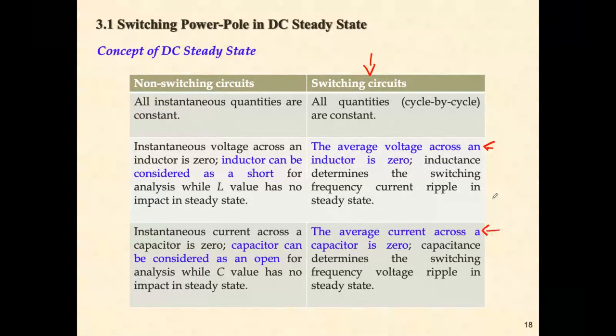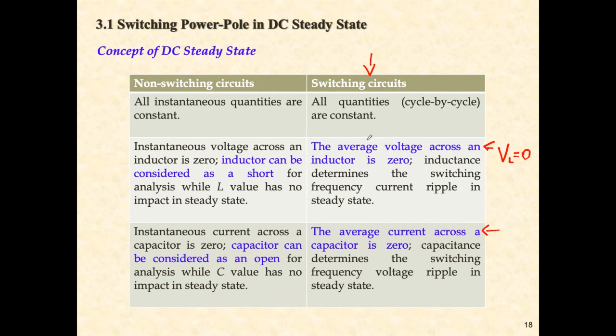They can help you to resolve the problems about the DC-DC converter. For example, it may also help you to draw the waveforms. Here, the first one: the average voltage across an inductor is 0. So in symbol, inductor voltage is equal to 0, and this is average.